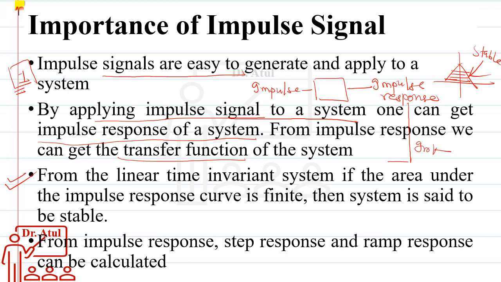If you integrate, then you can get the step response, and if you integrate it again, then you can get the ramp response. Okay, so this is the way to get the step and ramp response using the impulse response. That is why the impulse signal became very famous in signal processing and digital signal processing algorithms.